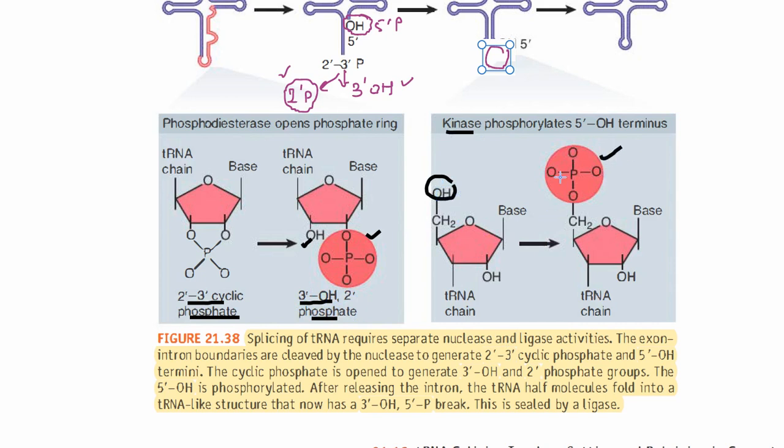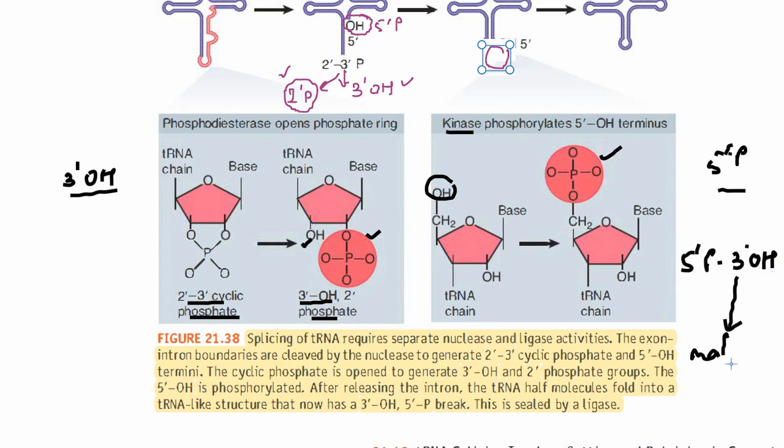Phosphate is added to the 5' end, and the 5' phosphate formed here and the 3' OH formed here will both be ligated to form the mature tRNA.